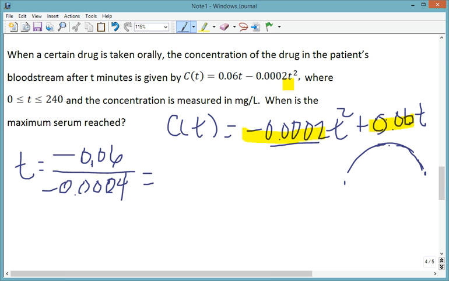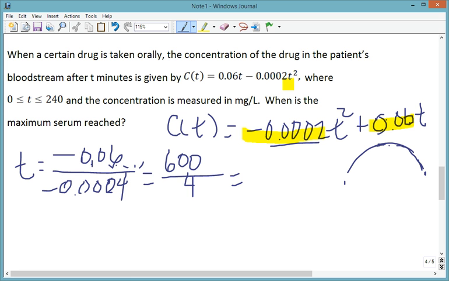I'm going to multiply the top and the bottom by 10,000. So we're moving it over 4 places. So I have a 4 on the bottom. When I move the top over 4 places, I get a 600 on the top.